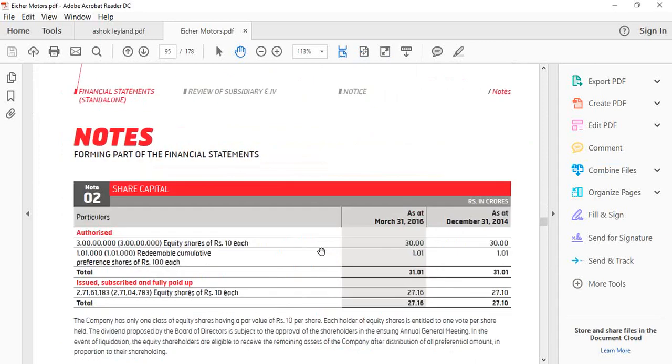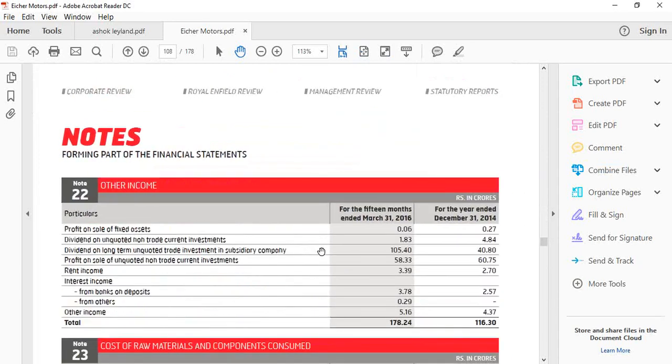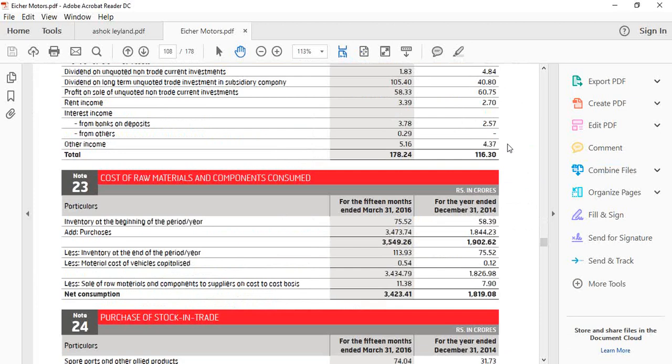Let's go to note number 23 to understand if we get any information there. In note 23, you basically see that they say inventory at the beginning of the year, what they purchased, and what material cost they eventually used, and that number came in here, right? They have not given the breakup of individual components.